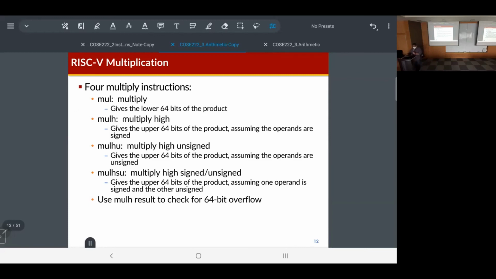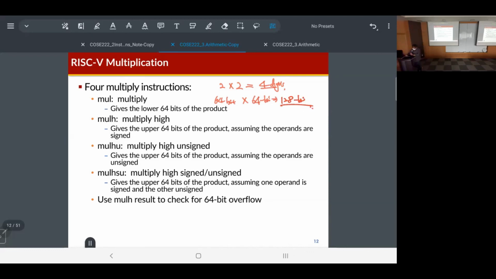But another property of the multiplication is that if we multiply two two-digit numbers, it will generate 4 digits, right? In decimal numbers. It's the same for binary numbers. So if we perform a 64-bit multiplied by 64-bit, this will generate a 128-bit result.